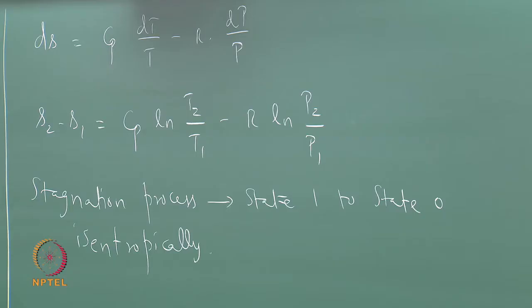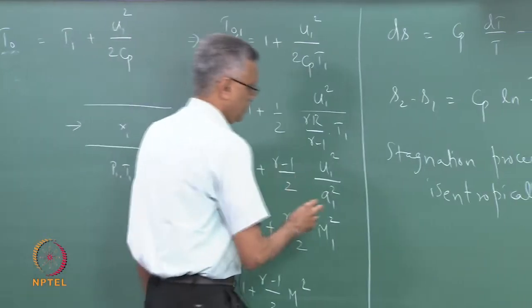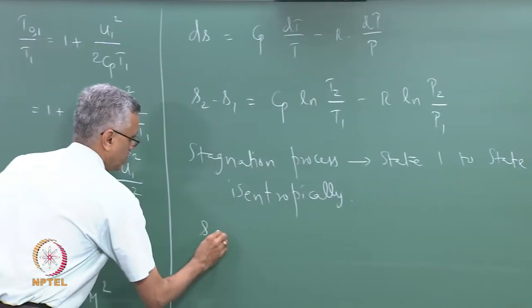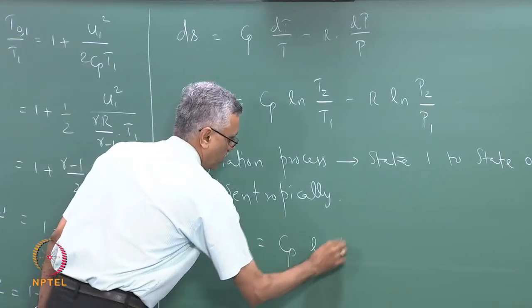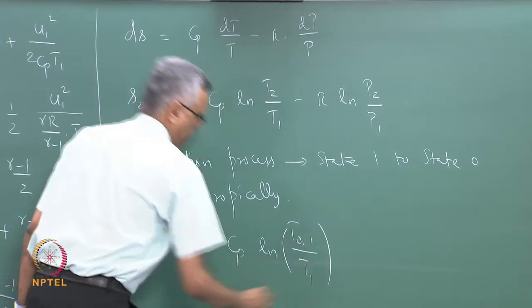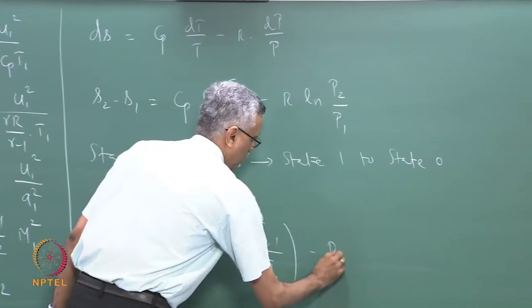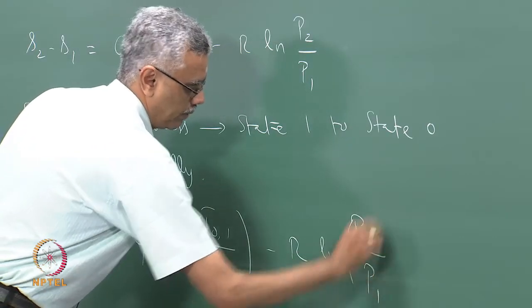If we apply this equation between state 1 and state 0, I get S0 minus S1 equal to Cp natural log T01 divided by T1 minus R natural log P01 divided by P1.